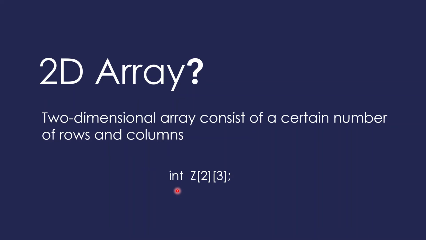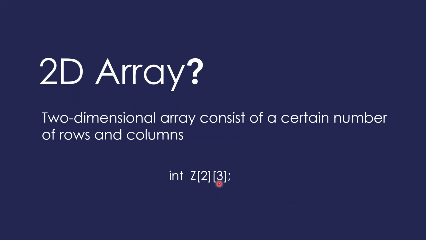Earlier we saw only one square bracket, but here there are two pairs of square brackets. int is the data type and z is the two-dimensional array name. What do these two mean? The first square bracket means the number of rows.